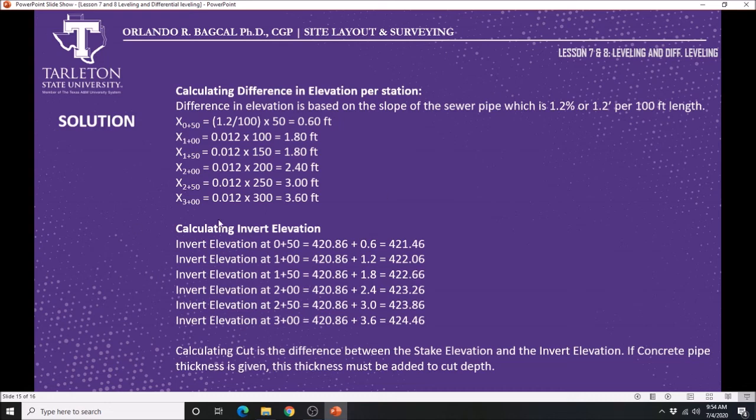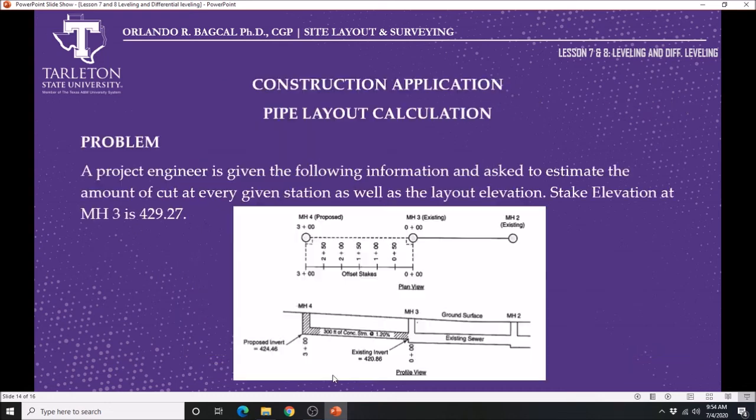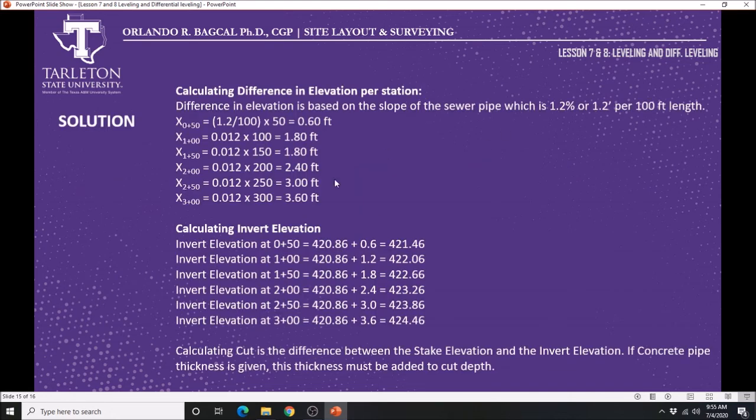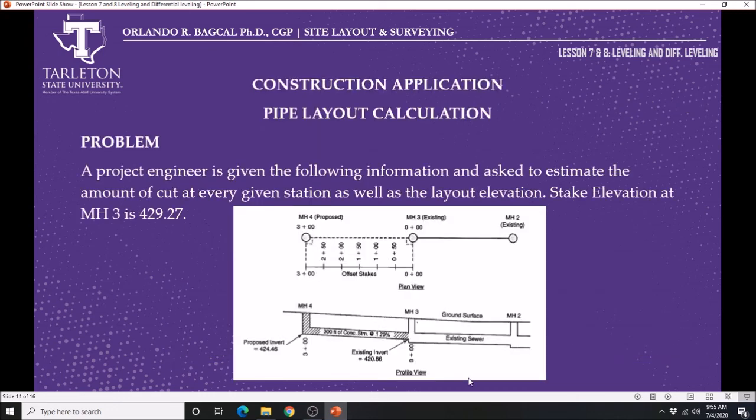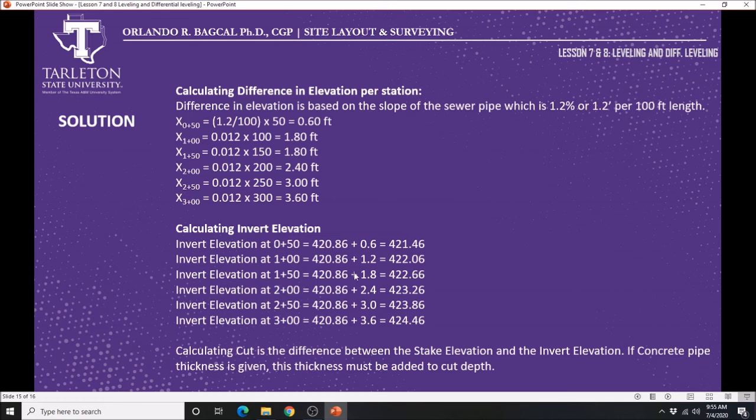Okay. So again, all of these values are the elevations on this invert here. And to determine the elevations on the invert of this pipe at 0 plus 50, we did this calculation here. The invert elevation at 0 plus 50 is 420.86 plus whatever this one here, because you're going up.